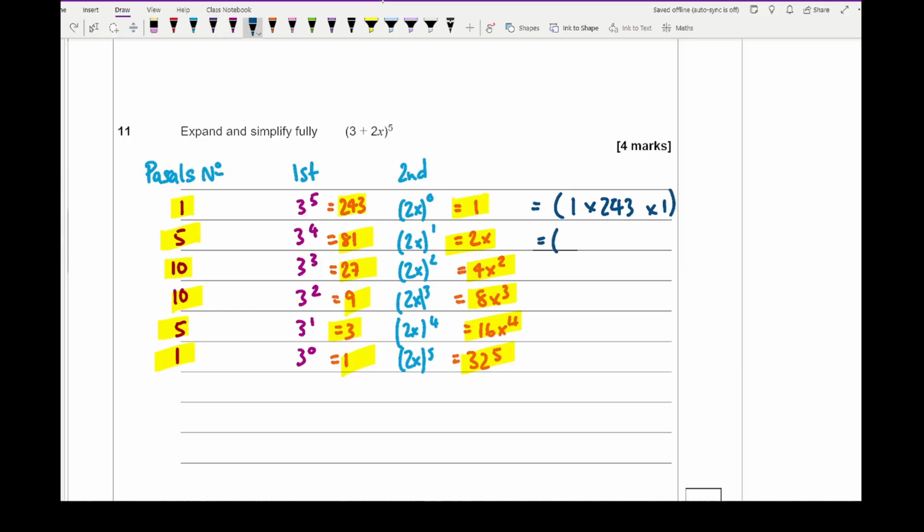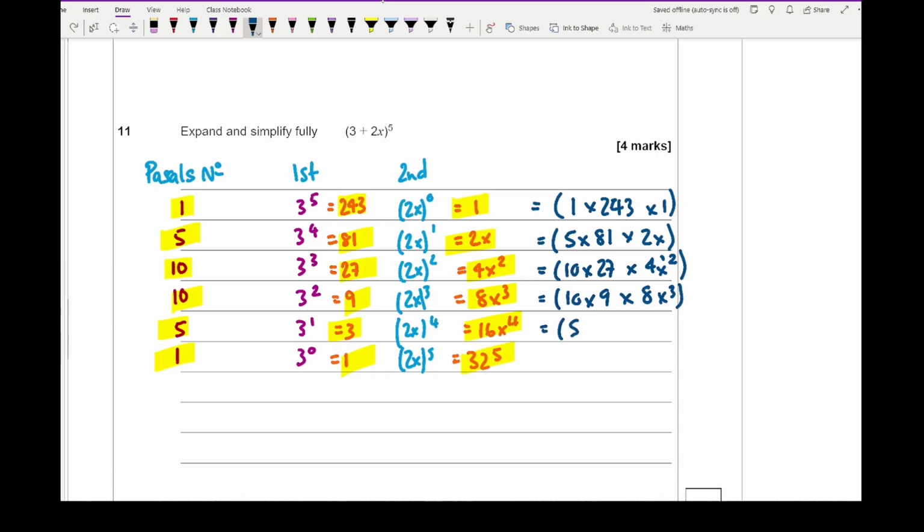This is going to be 5 times 81 times 2x. This is going to be 10 times 27 times 4x squared. This is going to be 10 times 9 times 8x cubed.